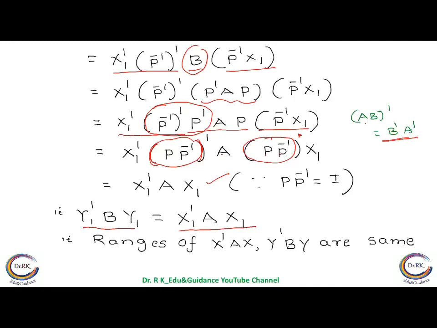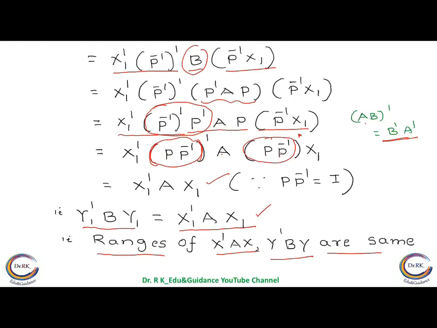Because these two are the same, we say the corresponding quadratic forms, that is y transpose By and x transpose Ax, are the same in terms of their ranges, because these two quadratic forms are similar for some value of x1 there and some value of y1 here.